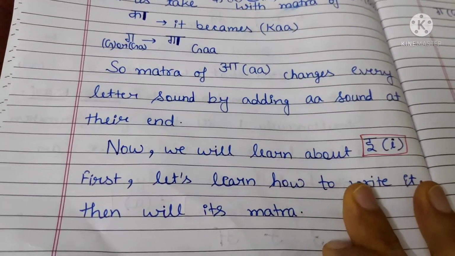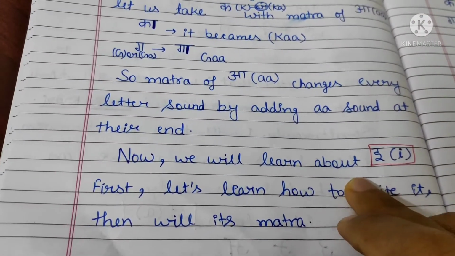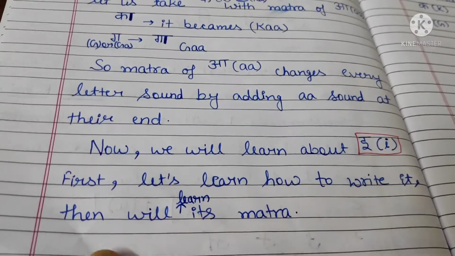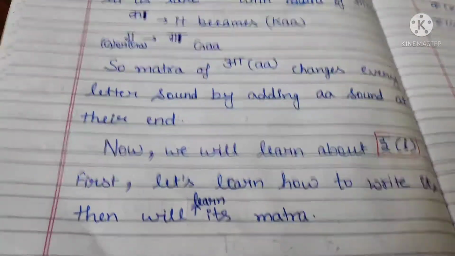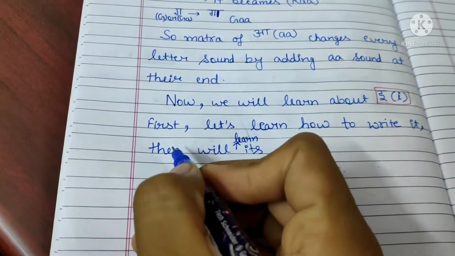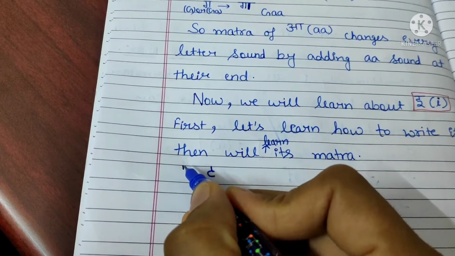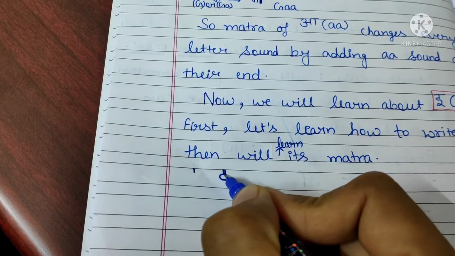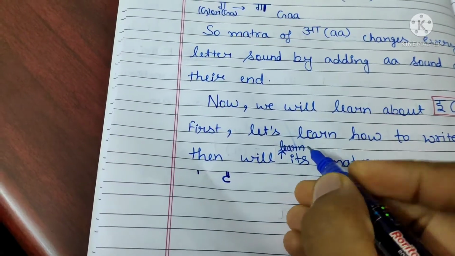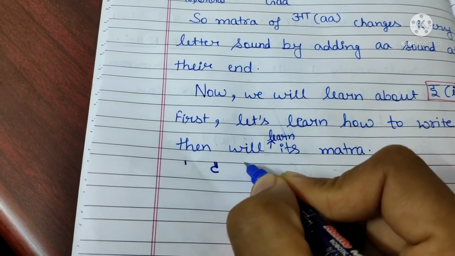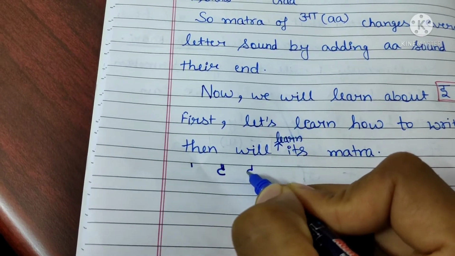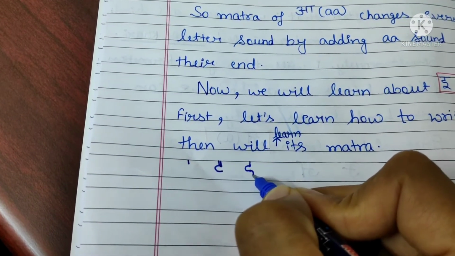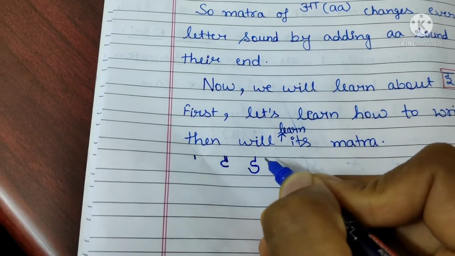Now today we learn one more matra and the formation of one more letter, E. First let's learn how to write it, then we'll learn its matra. So now look carefully at how we can write E. First, a little standing line, then with this little standing line you have to make a C. After that, you have to turn and make a reverse C like this.